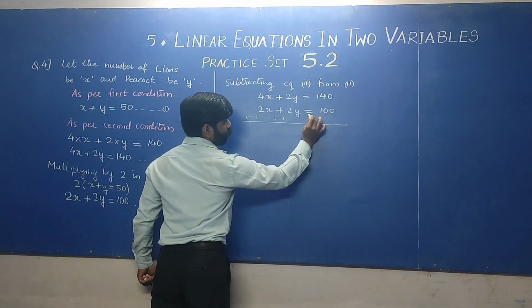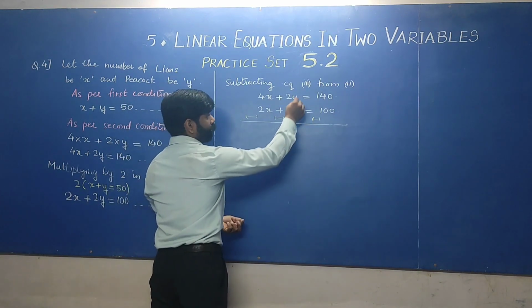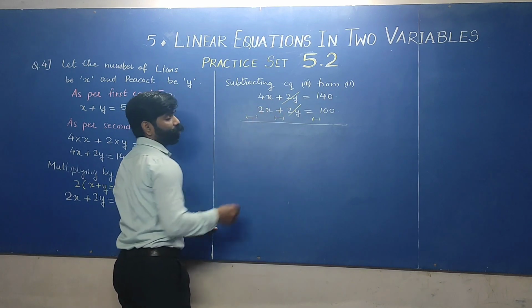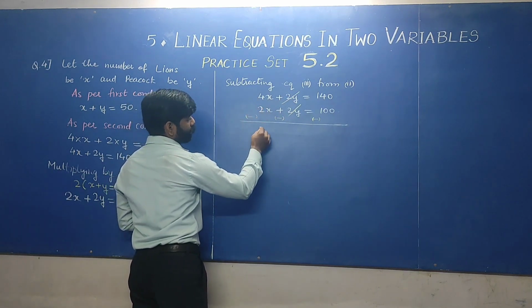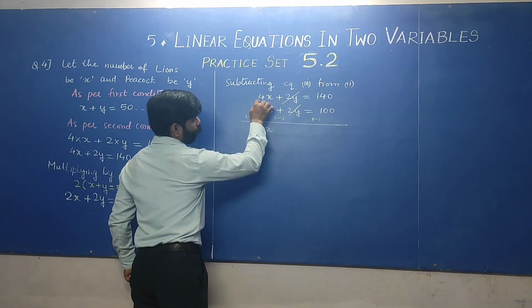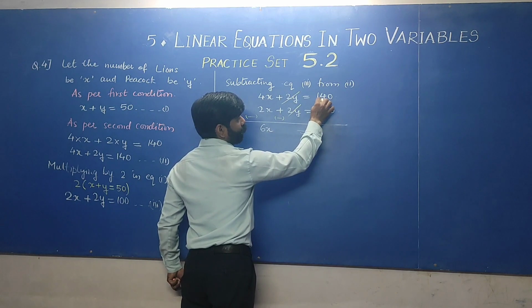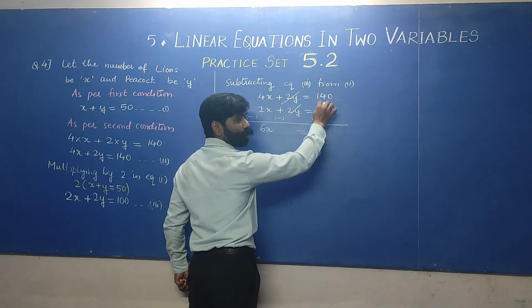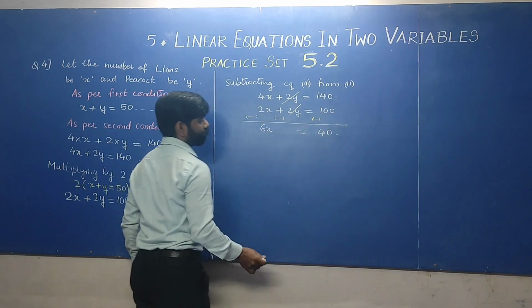Okay, students, so we need to subtract. Now what will happen? Plus 2y minus 2y will get cancelled. Now 2 plus 4 is 6, 4 plus 2 is 6, is equals to, this is in plus, this is in minus. So 140 minus 100, it will give you 40.